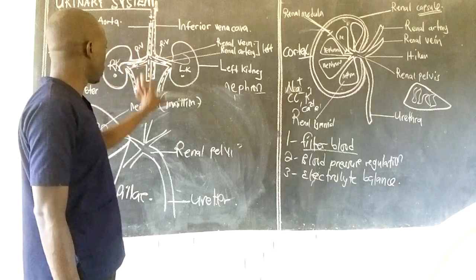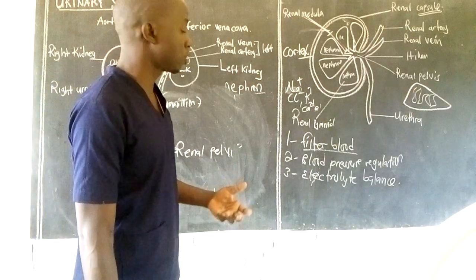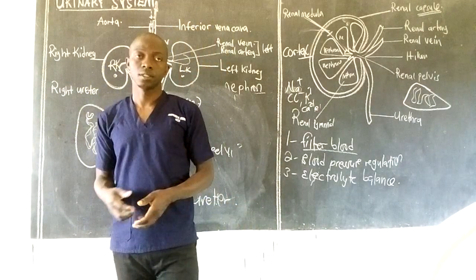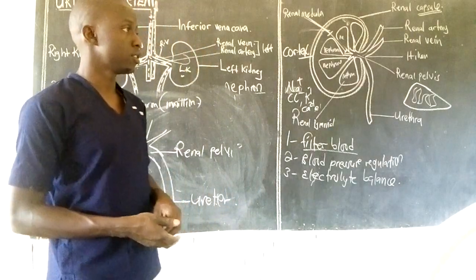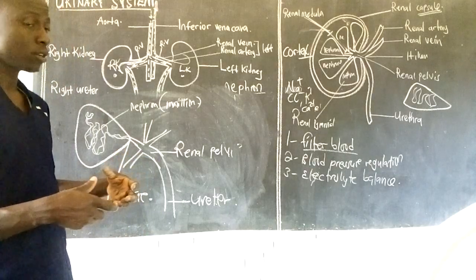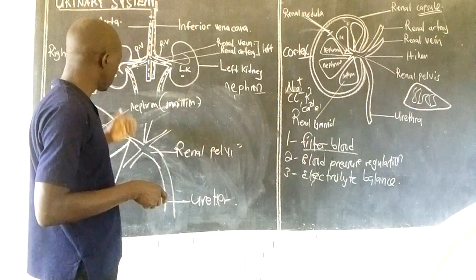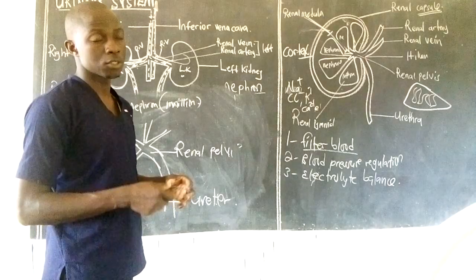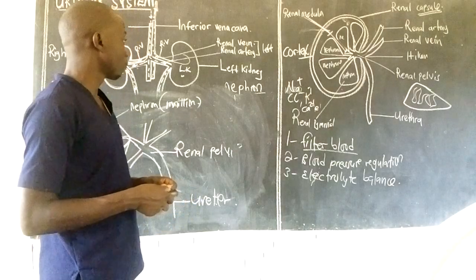Then when we talk about the ureters, they are muscular structures that consist of three layers: the mucosa, the adventitia, and the muscularis, and they stretch during propulsion of urine from the kidneys to the urinary bladder by a process called peristalsis, or peristaltic wave movement.